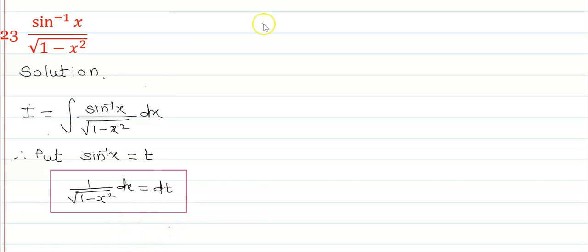Okay, therefore our integral changes to I is equal to the integral of sin inverse of x, which is t, and dx upon root of 1 minus x square is dt, so t into dt, and therefore its integral is t square upon 2 plus c.